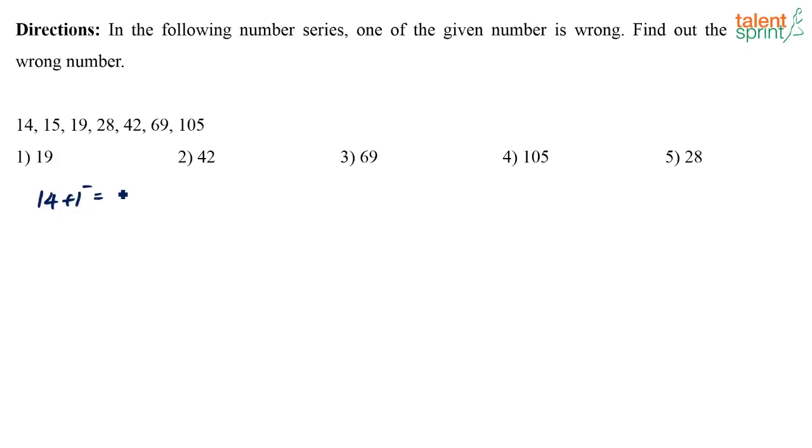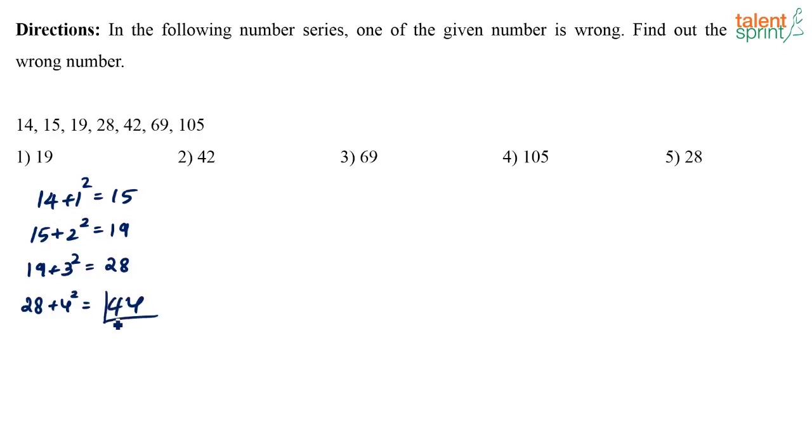14 plus 1 squared is equal to 15. 15 plus 2 squared is equal to 19. 19 plus 3 squared is equal to 28. 28 plus 4 squared is equal to how much? 28 plus 16, that is 44.